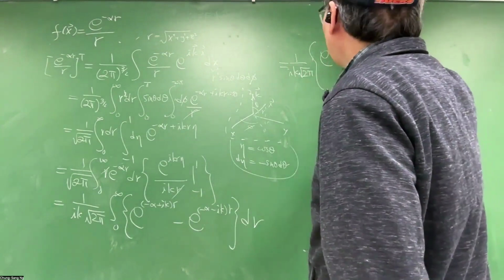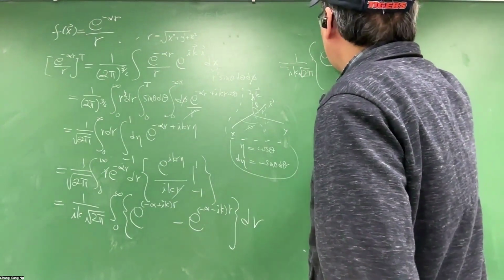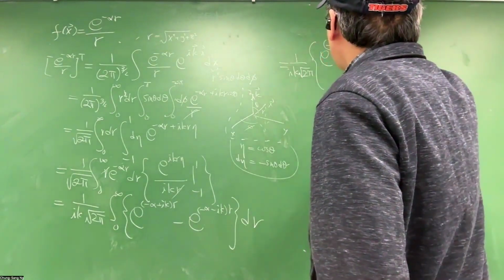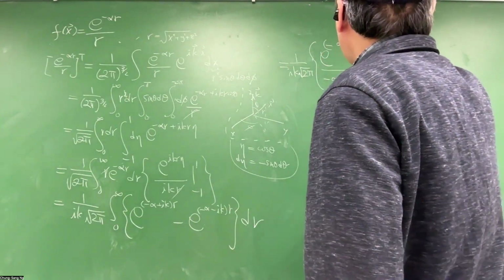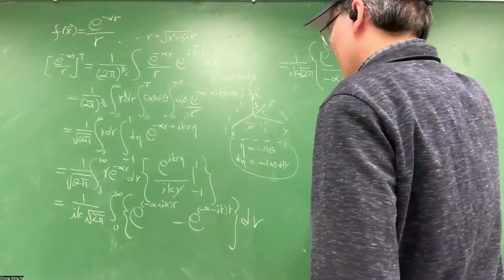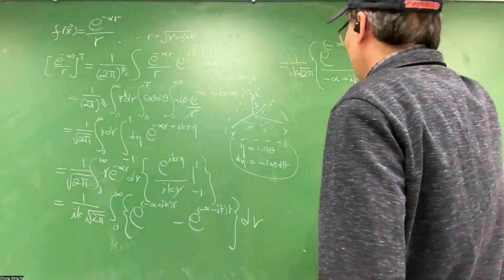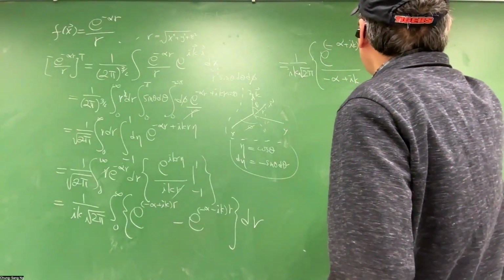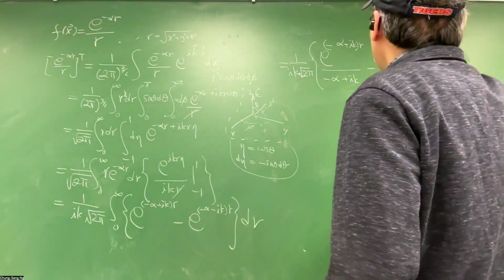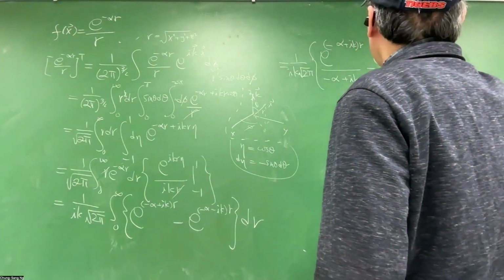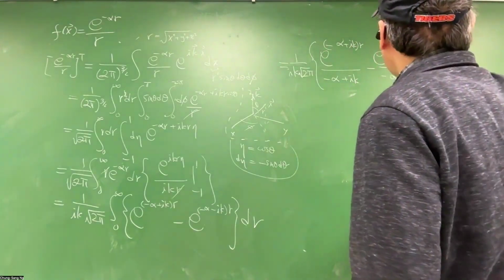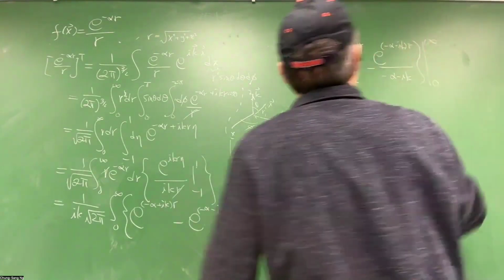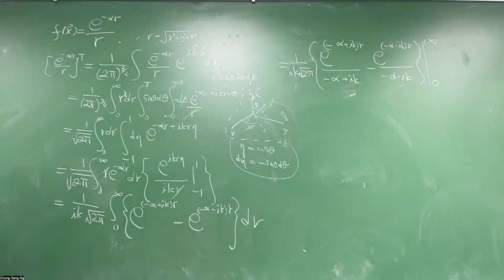One is e to the minus alpha plus ik r divided by minus alpha plus ik, and then the second term is e to the minus alpha minus ik r divided by minus alpha minus ik. And everything is evaluated from 0 to infinity.